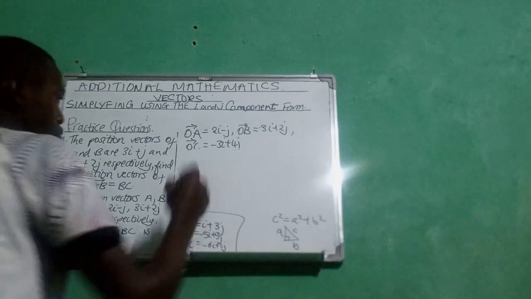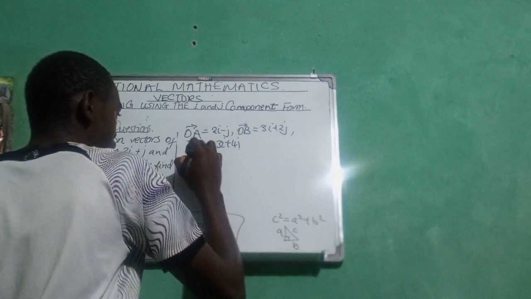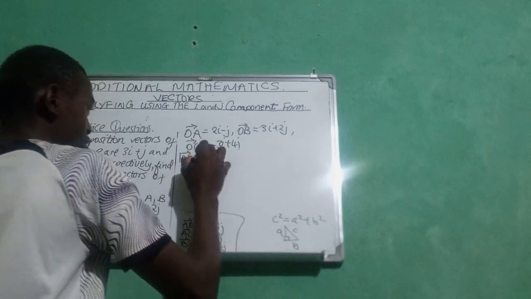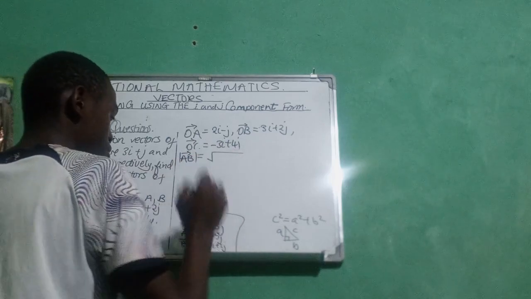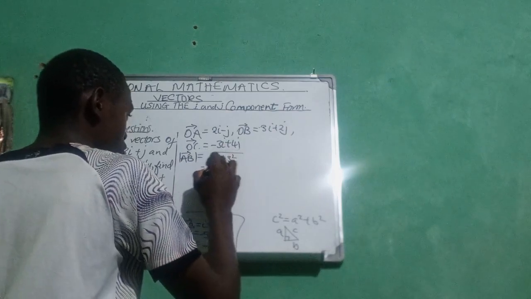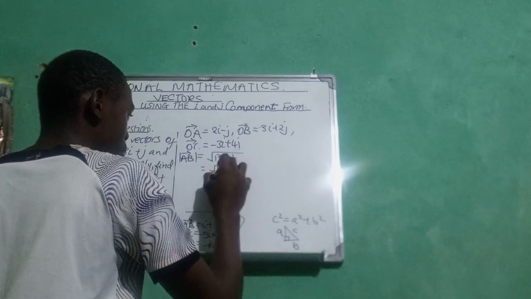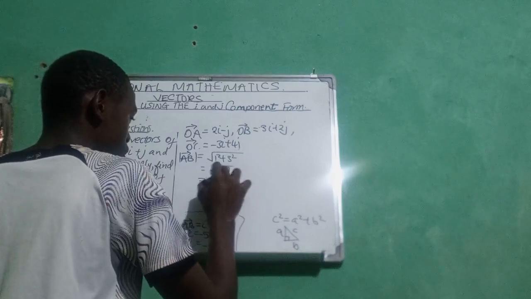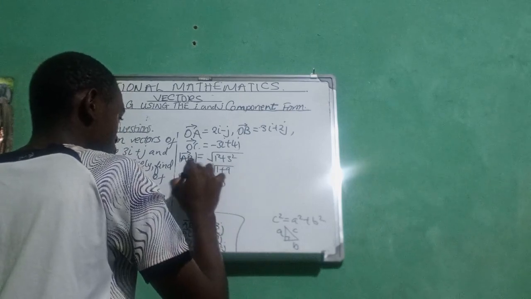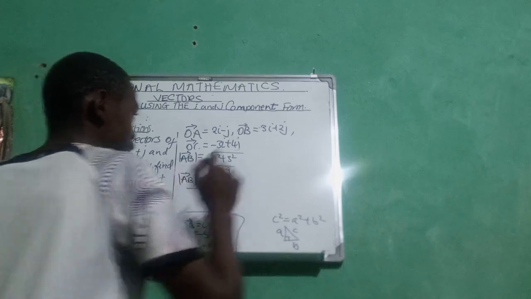So we're going to say the magnitude of AB is equal to the square root of the x component 1 squared plus 3 squared, which is equal to square root of 1 plus 9, square root of 10. That is the magnitude of AB.